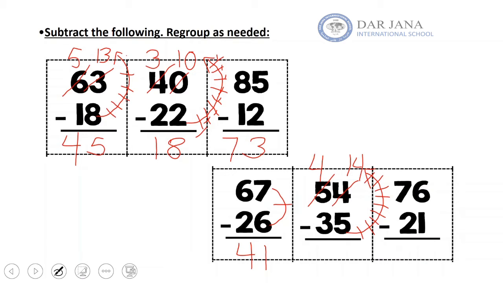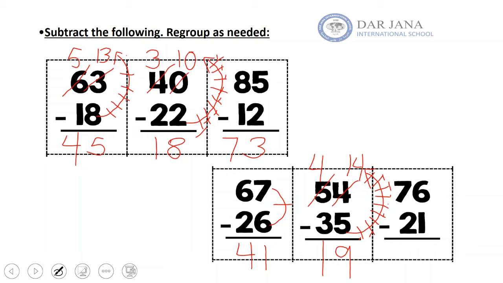Let's count. 1, 2, 3, 4, 5, 6, 7, 8, 9. So the answer is 9. Now let's go to the tens. 4 minus 3. 4 minus 3 equals 1. Yes. Do you need to regroup here? Yes, I have to regroup.